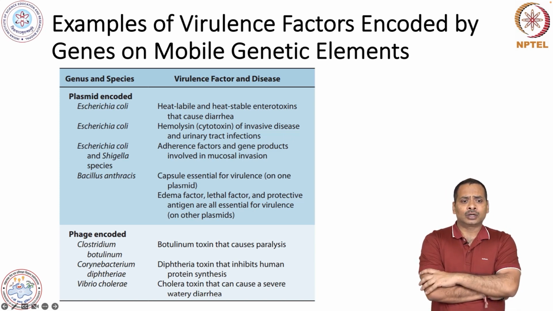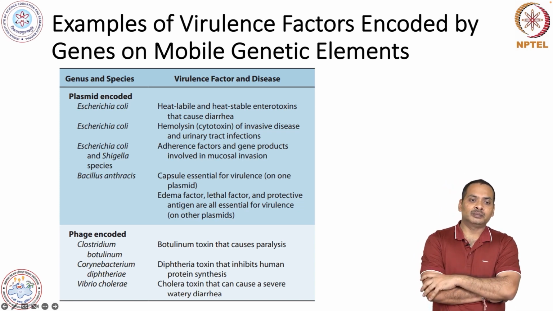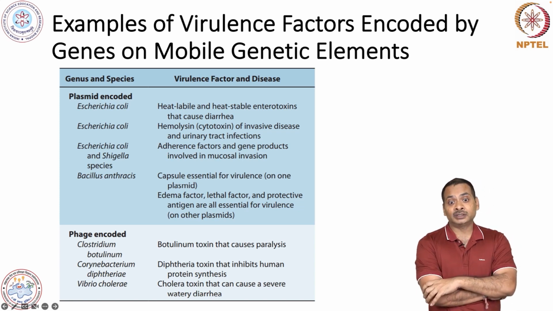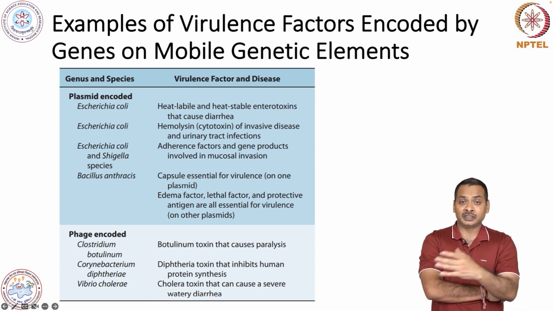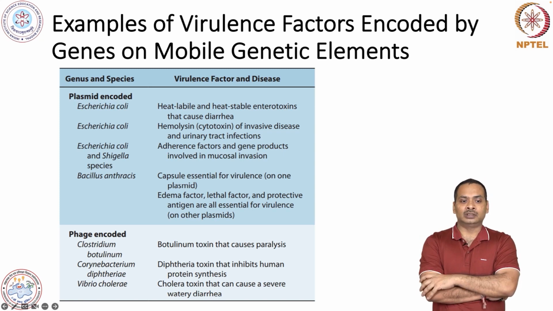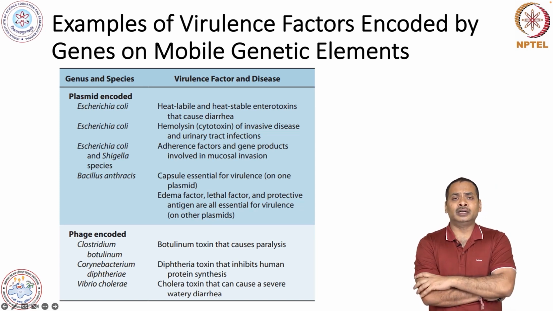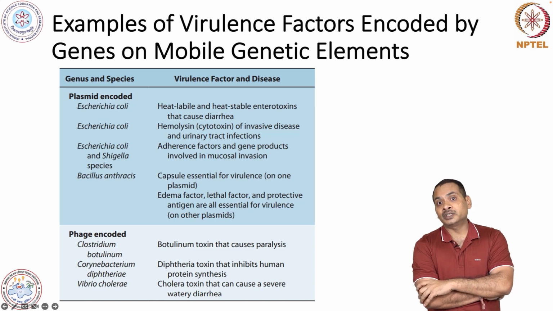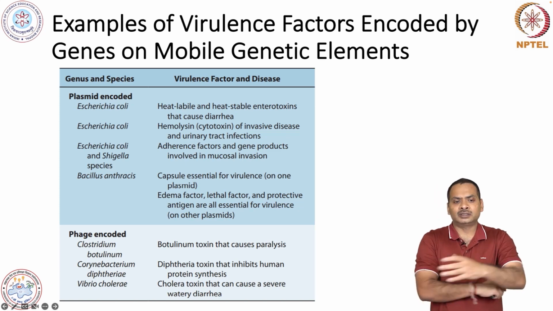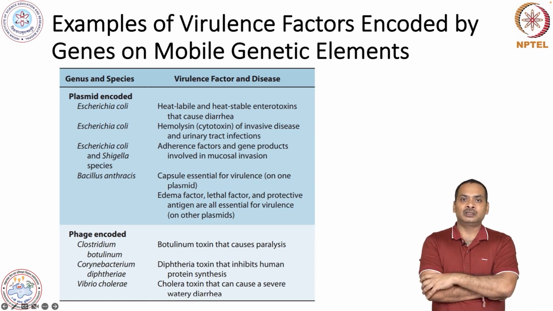Another is Corynebacterium diphtheriae, which produces the diphtheria toxin that inhibits human protein synthesis, and this is also a very dangerous pathogen. Another is Vibrio cholerae, which encodes the cholera toxin that causes severe watery diarrhea. You might have had some experience of this, right?